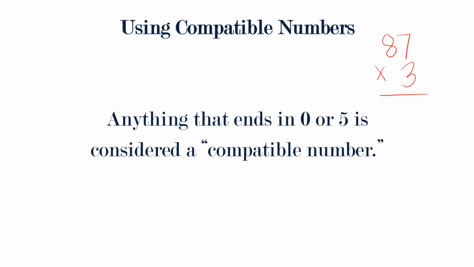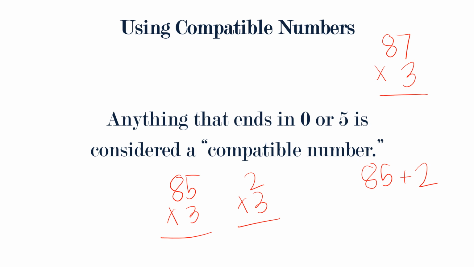Now, if we are doing this using one of these mental multiplication methods, we might break this down into 80 plus 7. But your book considers 85 to be a compatible number, so they might break this down into 85 plus 2. Alright, so they might do 85 times 3 and then 2 times 3.